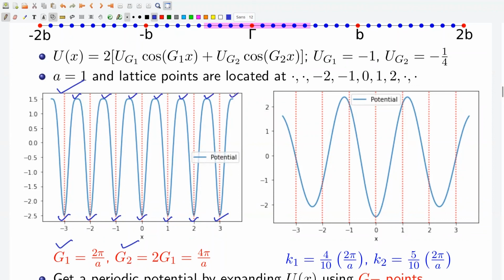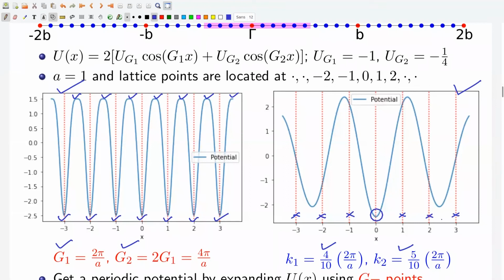The second diagram from the left, that is this one, shows the potential u of x when it is expanded in terms of 2 allowed k points. Clearly, the value of the potential is not equal at every lattice point. For example, at this lattice point, the value of the potential is this, and this is not equal at any other lattice point.